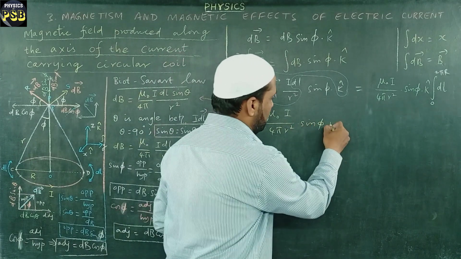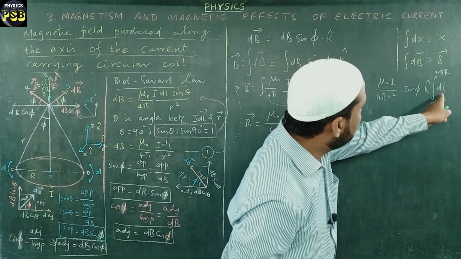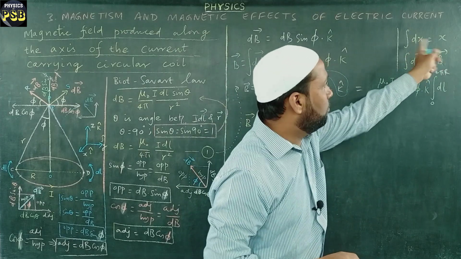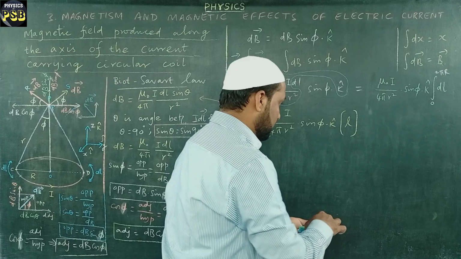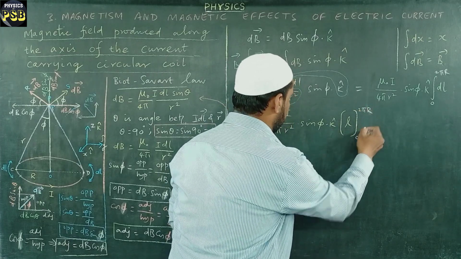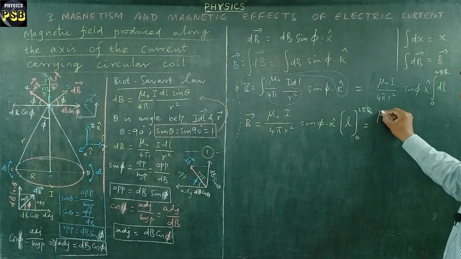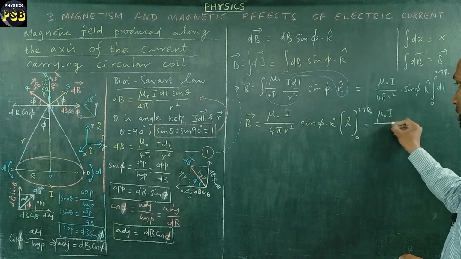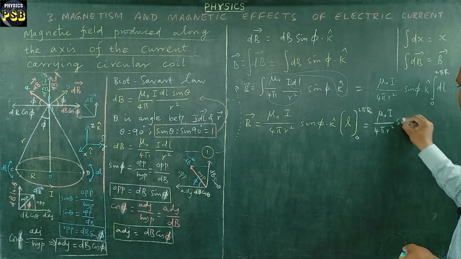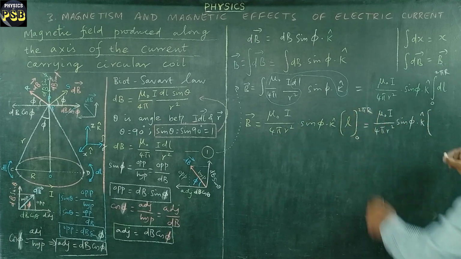Before that, let me integrate this. Now if I integrate dl, I'll get l. We're following the same formula. The limits are written outside, 0 here, this 2 pi r. Okay, then expand this: mu naught I by 4 pi r square sin phi k cap, and here I substitute the upper limit.